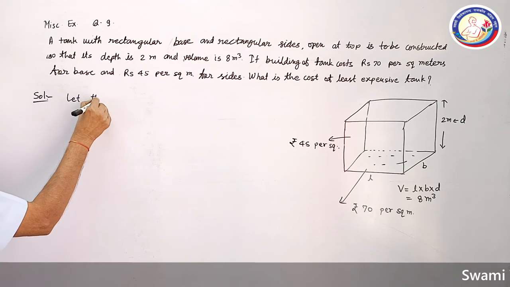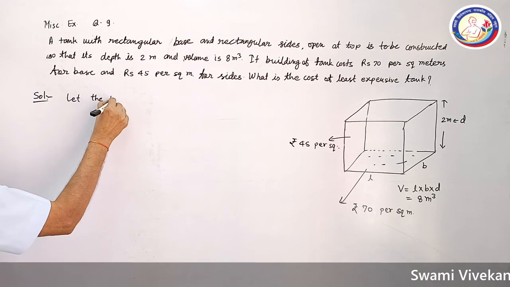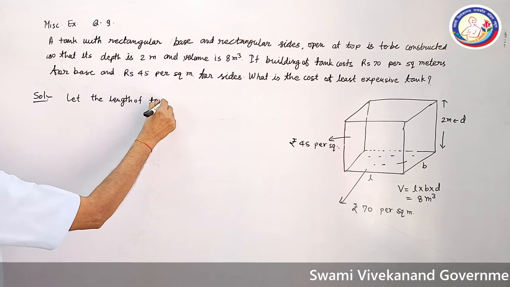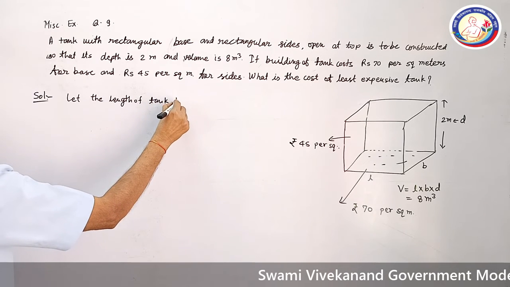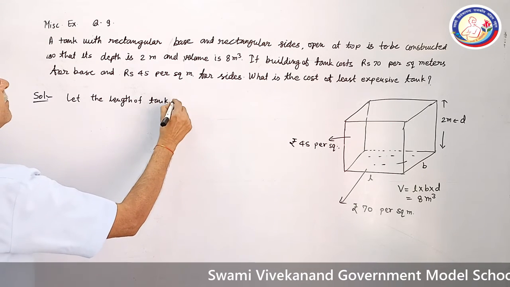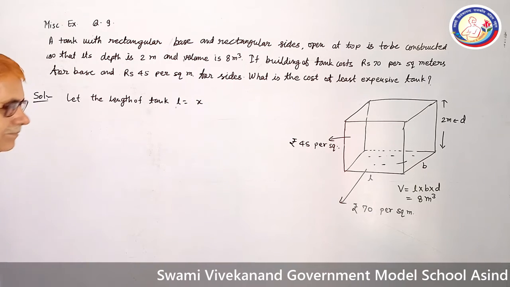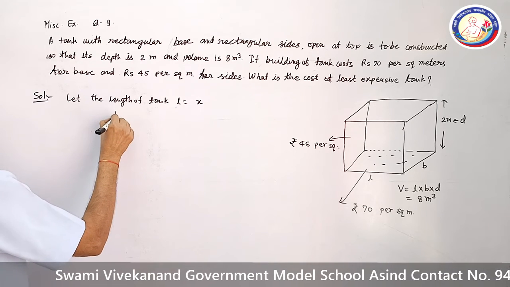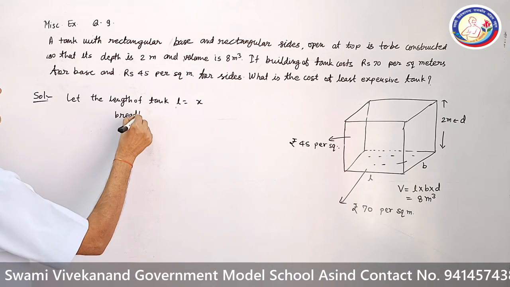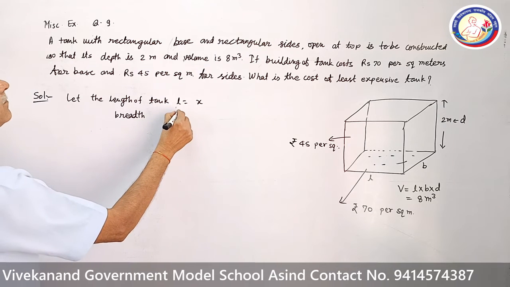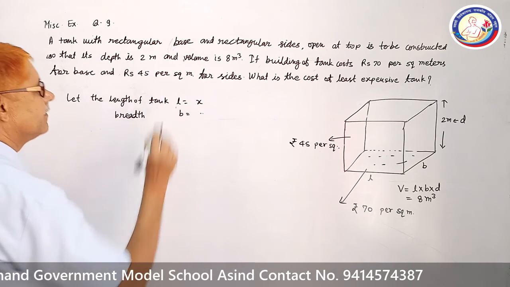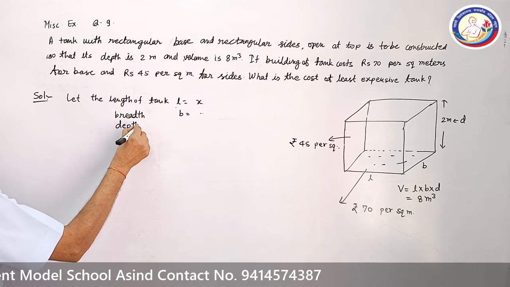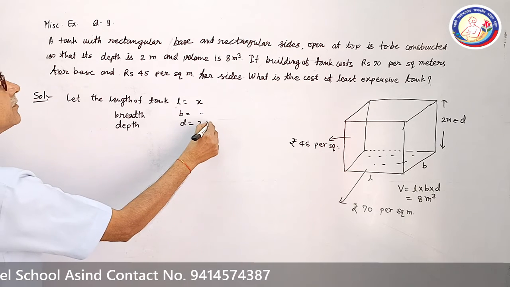Let the length of the tank, which is rectangular, L equal to x, and breadth B, we will find it, and then depth or height 2 meters.